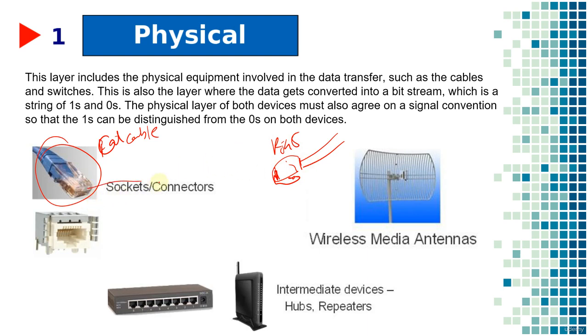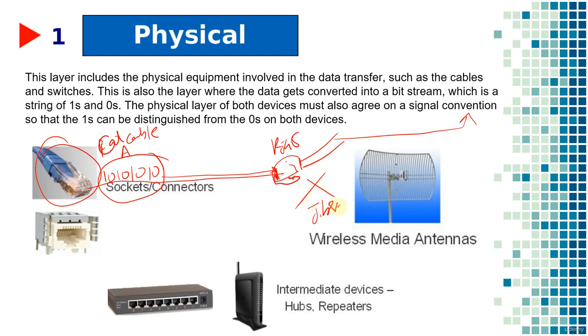Let's suppose whatever the data is, 1 0 1 0 1 0 1 0, for example, this is written A. Whatever data is converted into bits and binary will move over these physical cables, and when it reaches my CAT cable on the other end, if it does not know the convention, then I'm not going to receive the data, or even if I receive the data, it will be gibberish. I cannot understand this language.